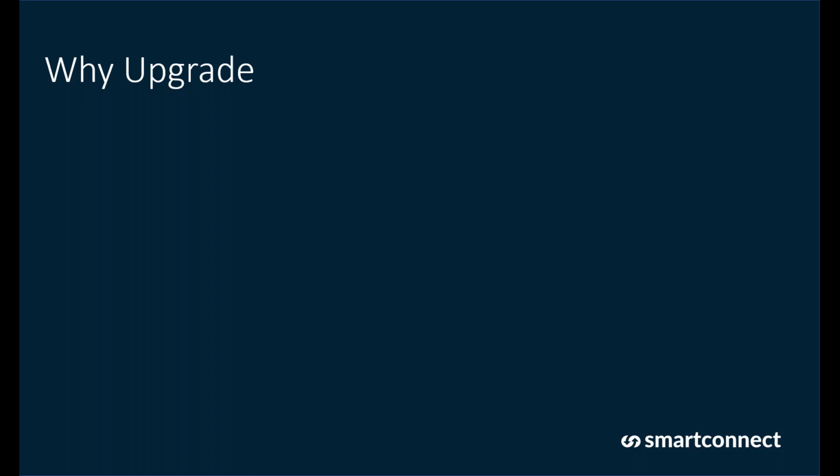From our perspective on the back end, why we made the switch to SmartConnect 21 and made this update necessary is that the back end is a bit different. What's going on in SQL and in the code is synced up with our ongoing development on smartconnect.com, the hosted online solution. If you've listened to me over the past couple of years, I've talked about this quite a bit, so I won't spend a lot of time on it.